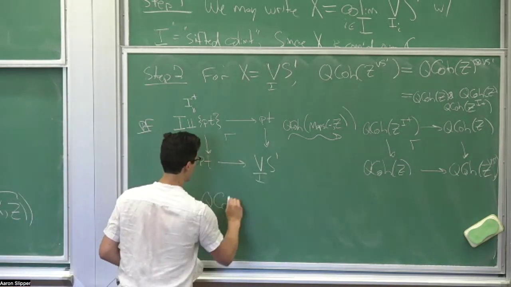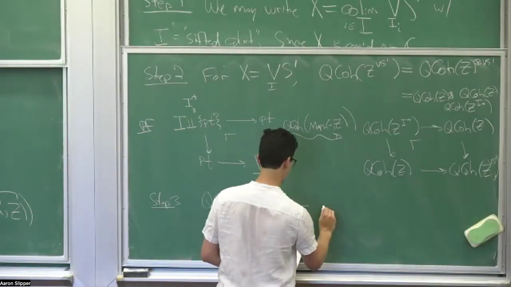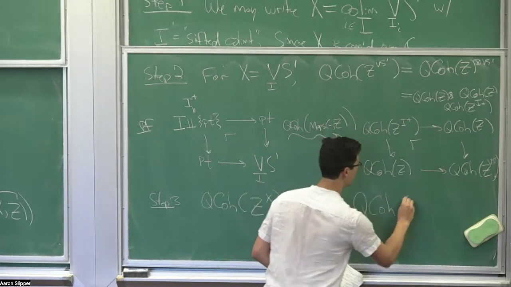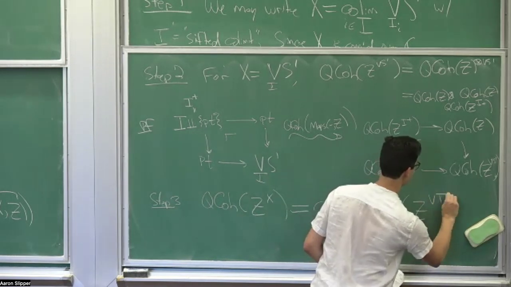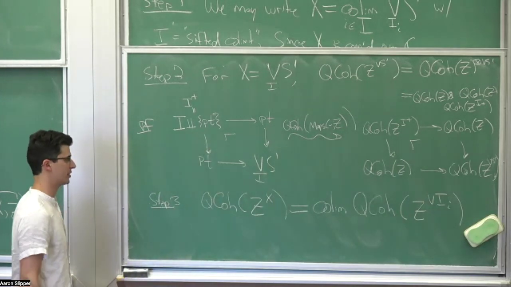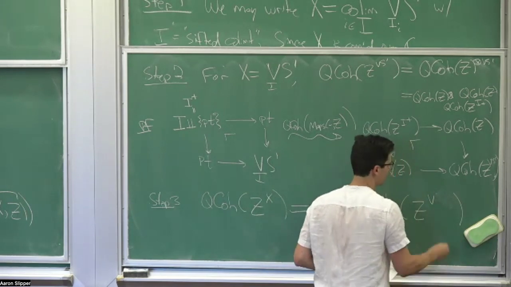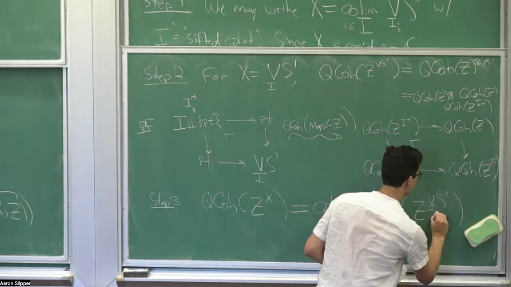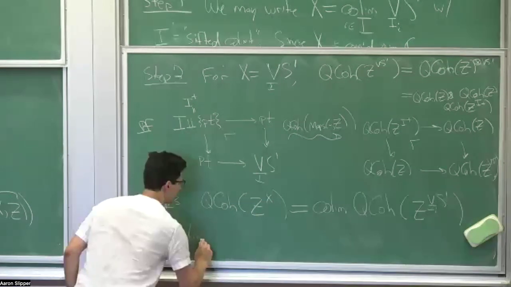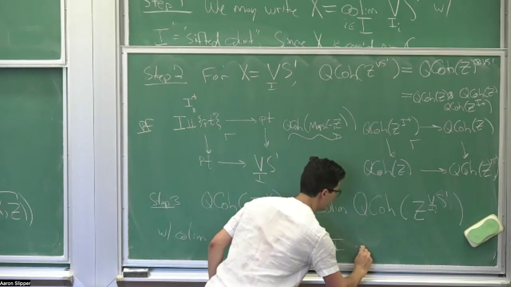So QCoh of Z^X is QCoh of these wedges of S1s, and yes, with full limit in DGCat, because I is SIP.